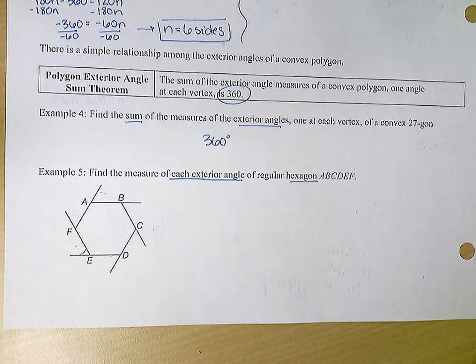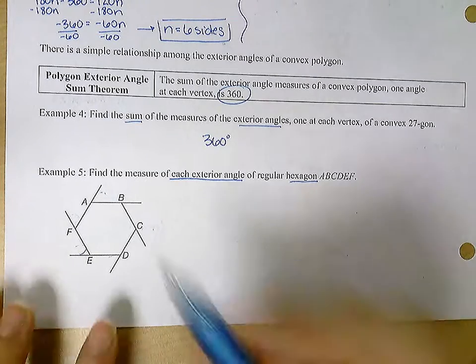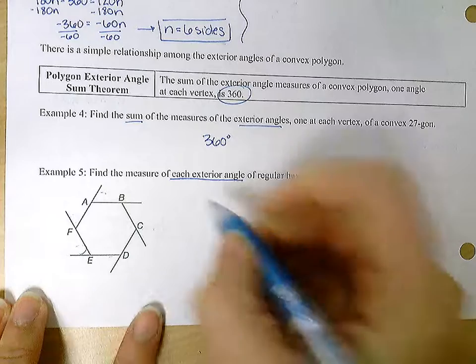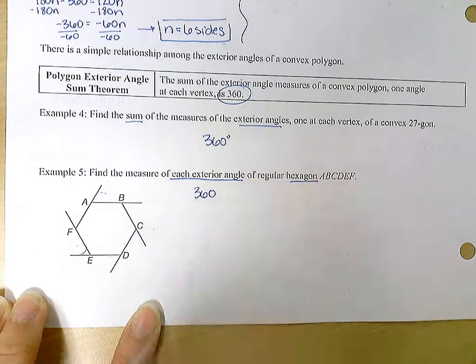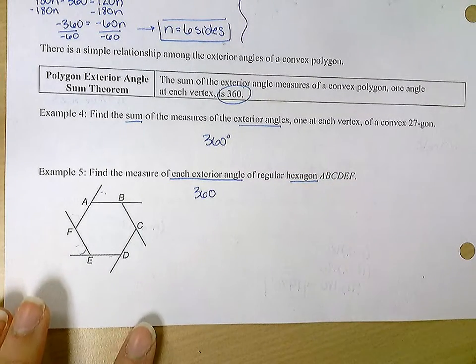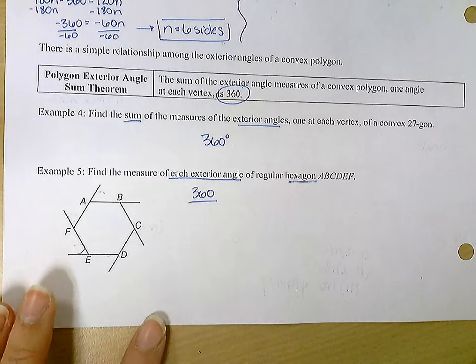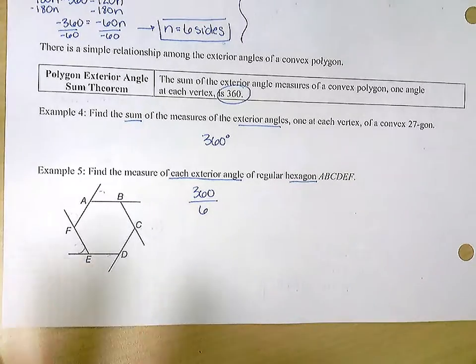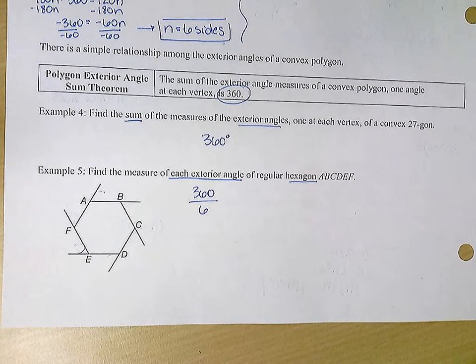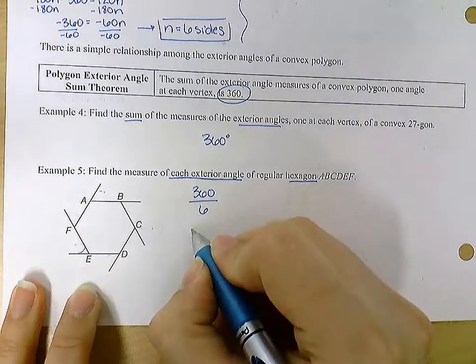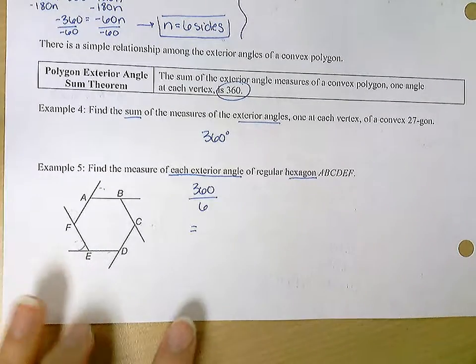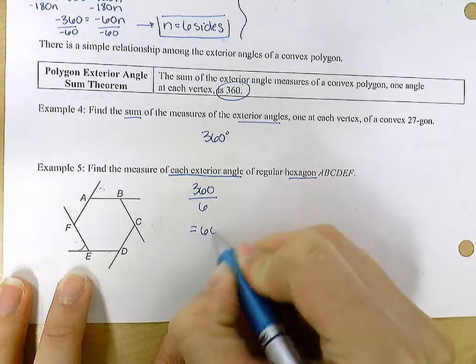Since it is a regular hexagon, that means they're all going to be congruent to each other, since all your angles are congruent. So I can take the sum of all 6 of those, which is 360, and I can divide it by 6, since that's how many I have, to get my one exterior angle of 60 degrees.